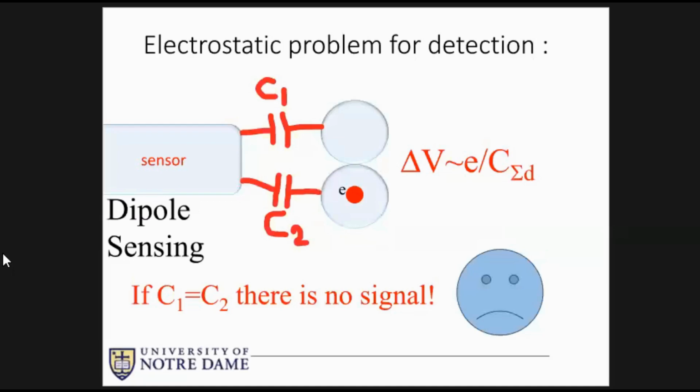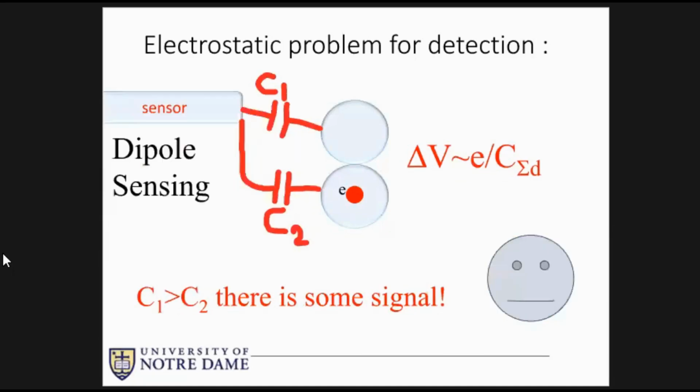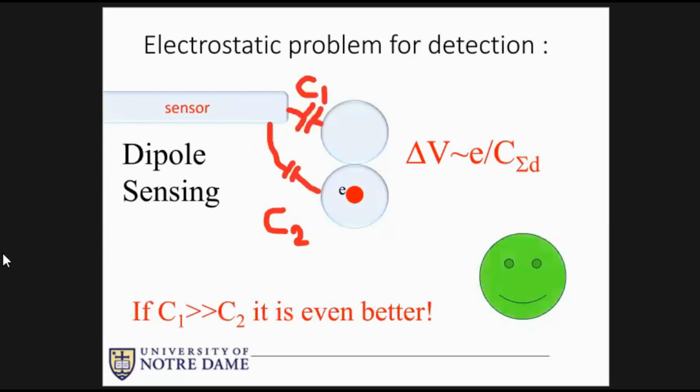Like I said, if they're coupled equally, there's no signal. But if you place your sensor differently and create some asymmetry, then you have some delta C, which enables your detection. If you make it closer and a little bit more asymmetric, you get more signal.